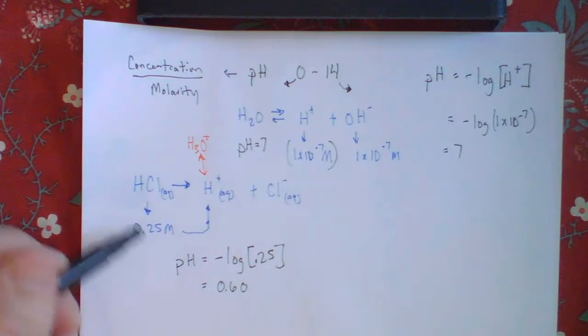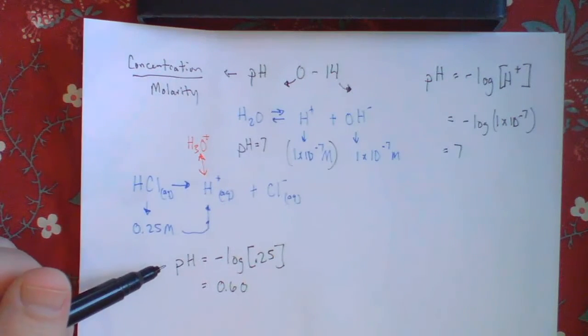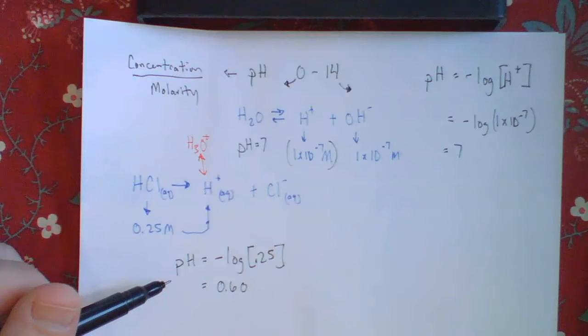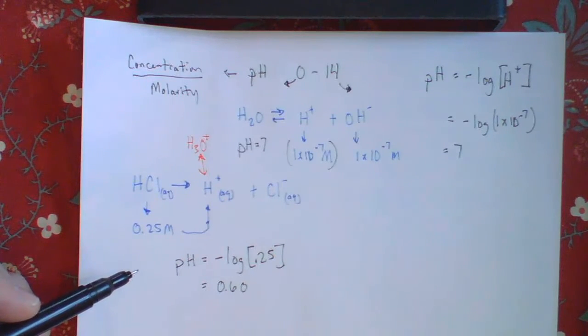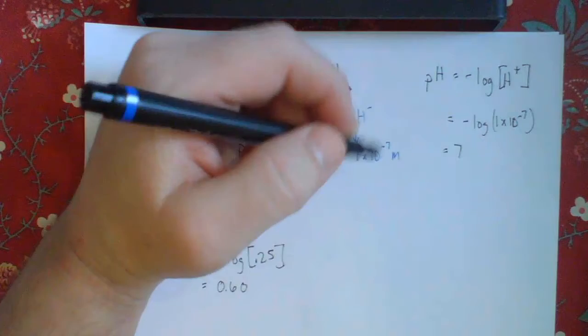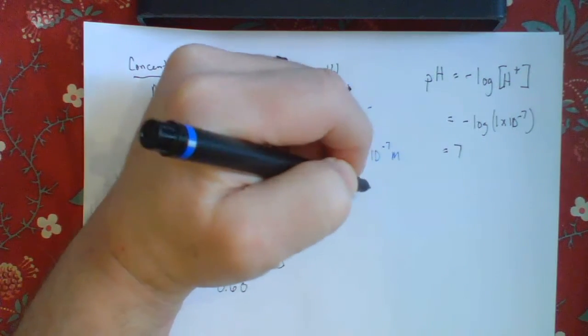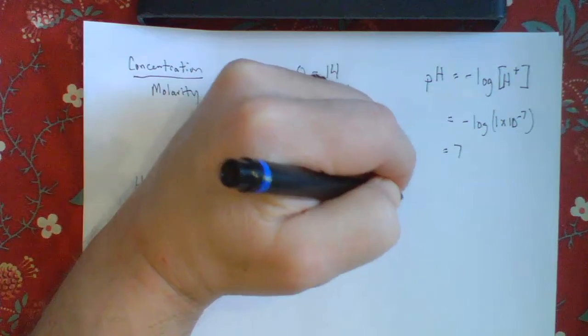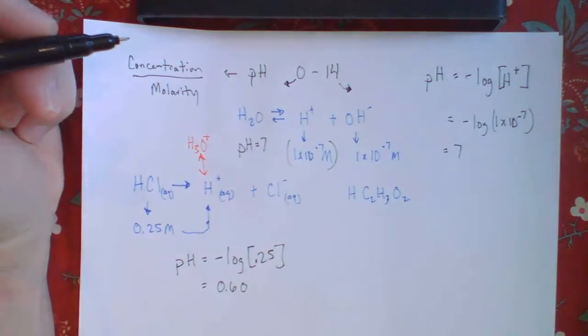Now generally we probably would never see a lot of acids in that range, so what we would tend to do is say, maybe we know the pH of something, so maybe we're given the pH. Let's look at a different type of acid, like acetic acid, for instance, C2H3O2. This is that vinegar that we had earlier.